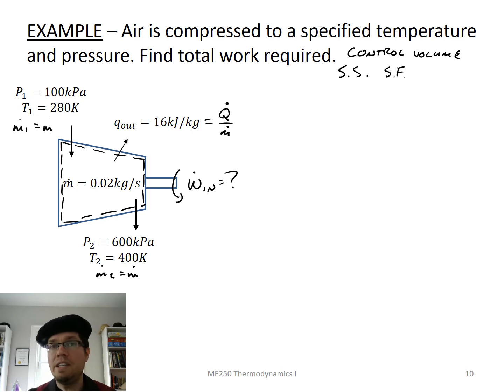But in equals out for energy is something that we can write a little bit differently and is a lot more useful here. So in equals out for energy is that, well, in is m dot coming in, carrying with it the energy of that inflowing fluid. There's also work in. That's what we're trying to find.